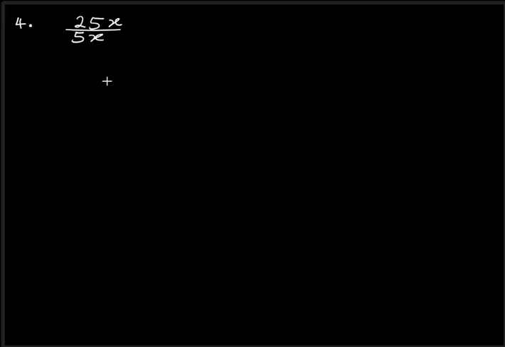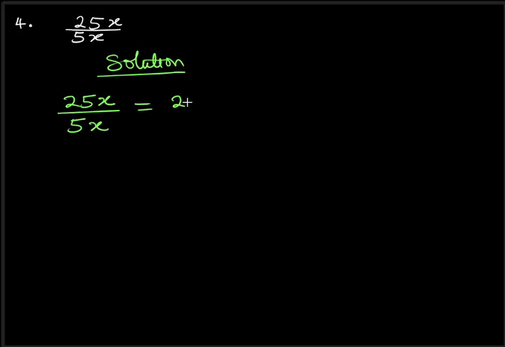And then we have 25x all over 5x. This will give us 25 times x all over 5 times x.